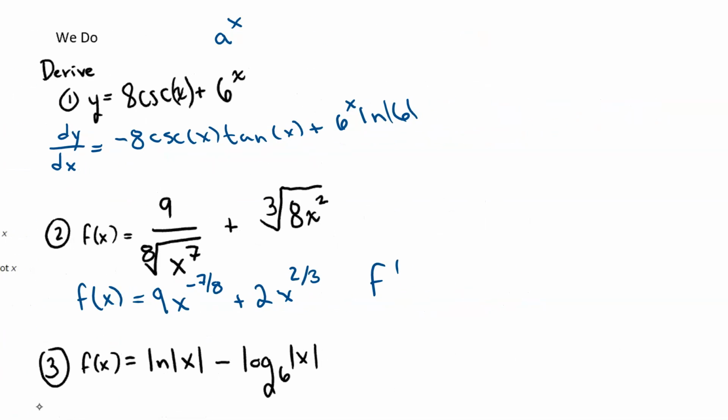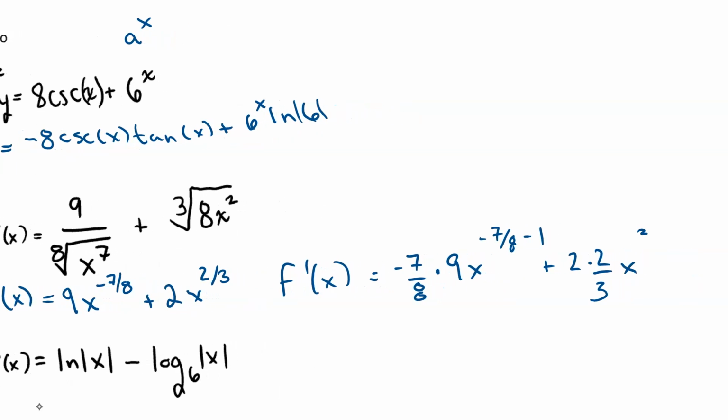All right, then we do our derivative here, which is the power rule. Bring down your exponent. Multiply it times your coefficient. Make your exponent 1 smaller. Negative 15.